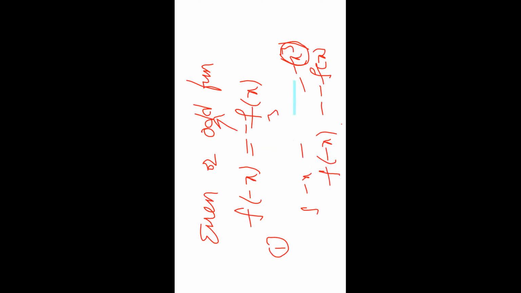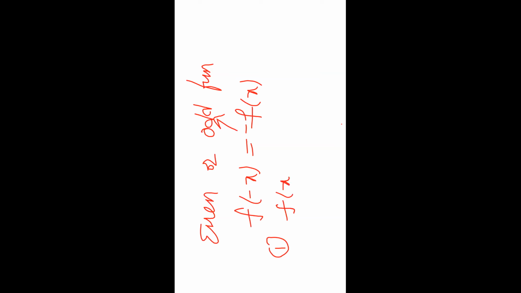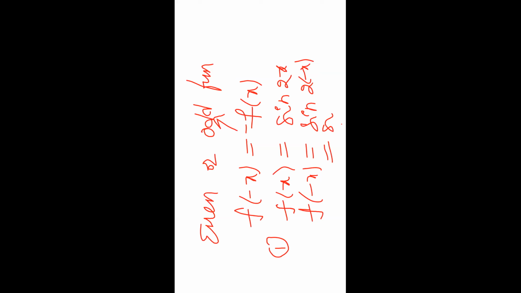Taking another example, sin is the best example of the odd function. So f of x equals sin 2x. Replace x by minus x, that equals sine of 2 into minus x, so sine of minus 2x.